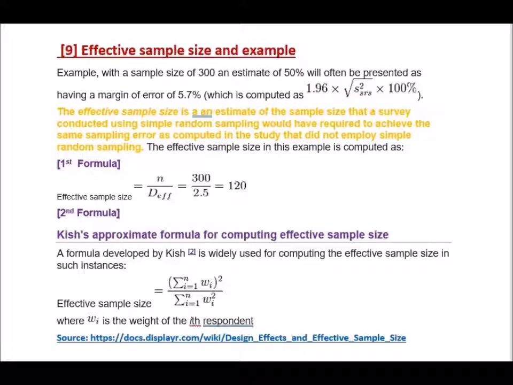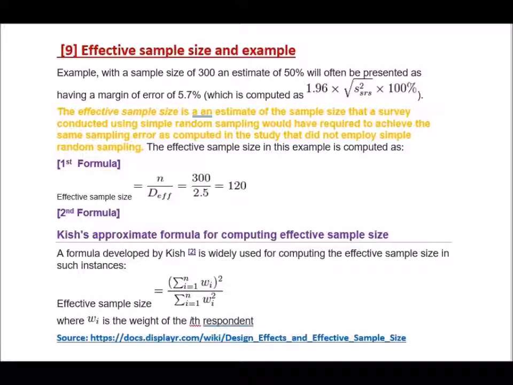For example, with a sample size of 300 or 400, let me take 300, an estimate of 50% will often be presented as having a margin of error of 5.7%, which is computed as plus or minus 1.96 times the square root of s squared SRS, times 100%, where the design effect is other than 1. Both the tables and the intuitive understanding that most researchers have about the effect of sample size become incorrect.